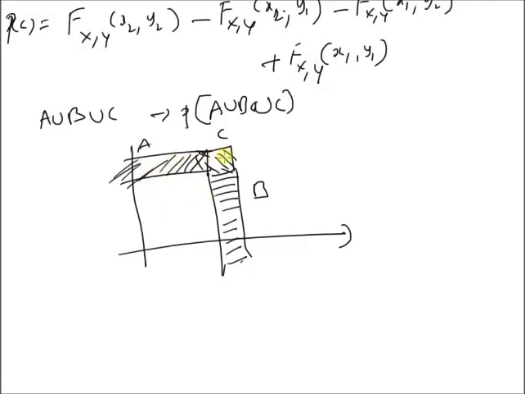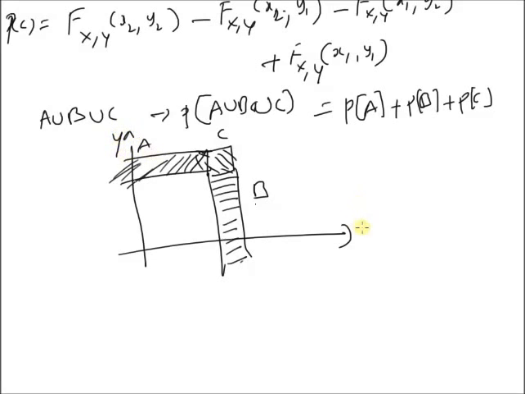So the probability of the union of A, B and C is obviously equal to the sum of the probability of A, probability of B plus probability of C. This is true because these three regions are mutually exclusive.